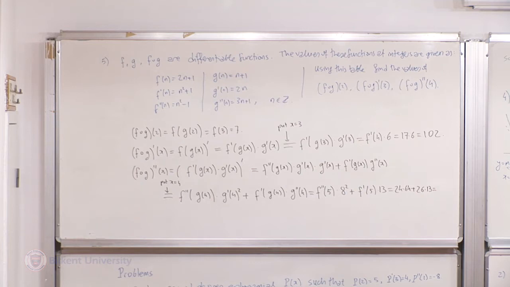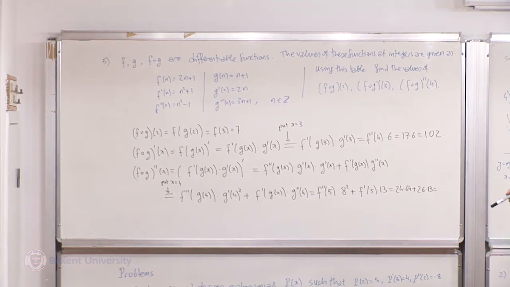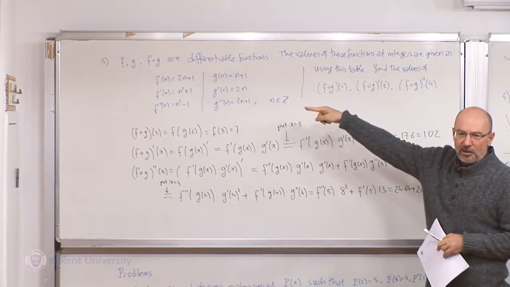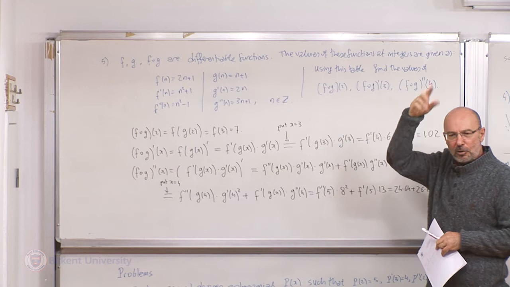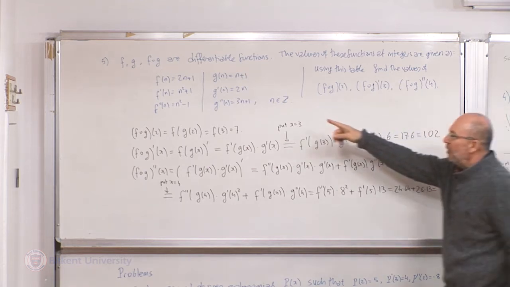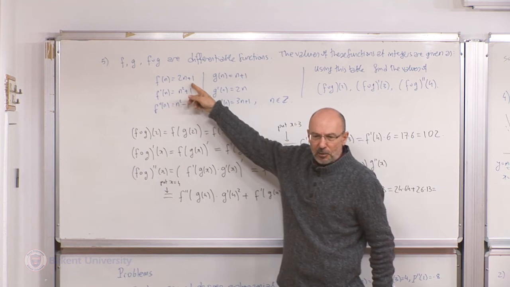We said that the functions are such that at integers they get these numbers, but in between they can oscillate. Just for this problem we invented such a setup. The function f of x is not 2x plus 1.